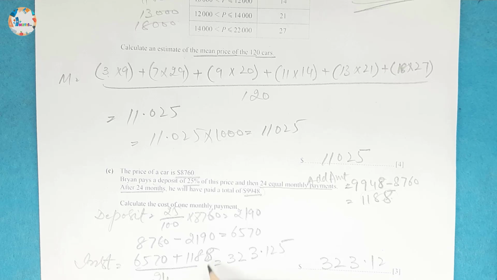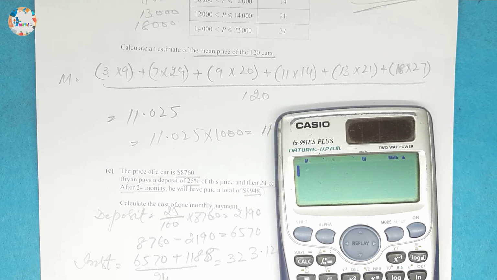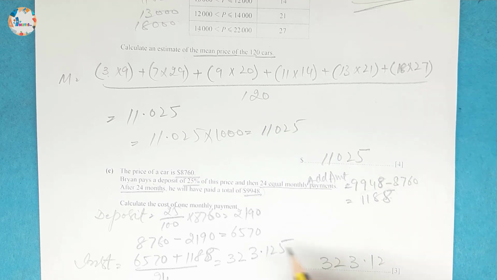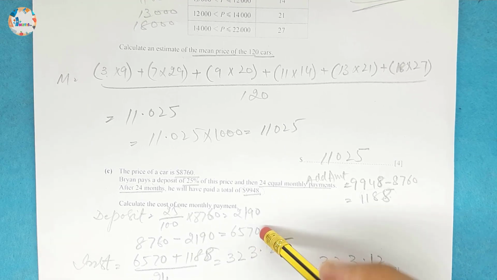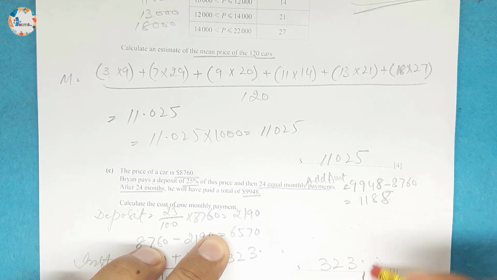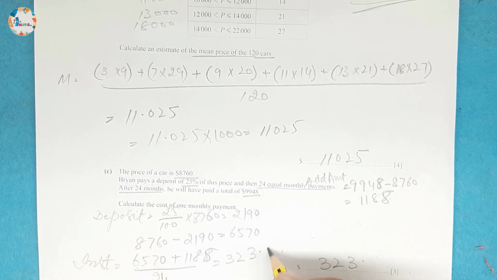Now if we calculate this, it will be 6570 plus 1188 divided by 24. This will result in 323.25. So we can make the correction: this will be 25 and this will also be 25.